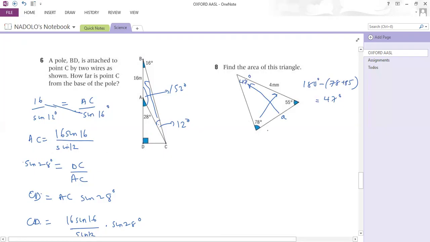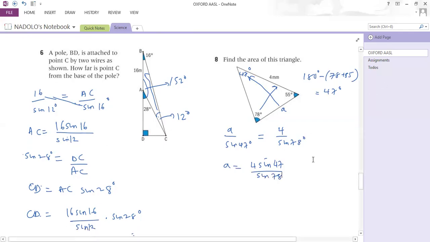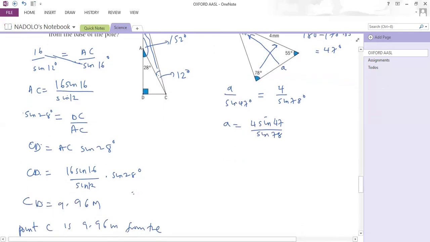So we're going to use the sine rule, and we'll say A divided by sine 47 degrees is the same as 4 divided by sine 78 degrees. So we'll get our A is 4 sine 47 divided by sine 78. Because of accuracy, I'll use the same value to find the area, which is half AB sine theta, the angle between the two sides.